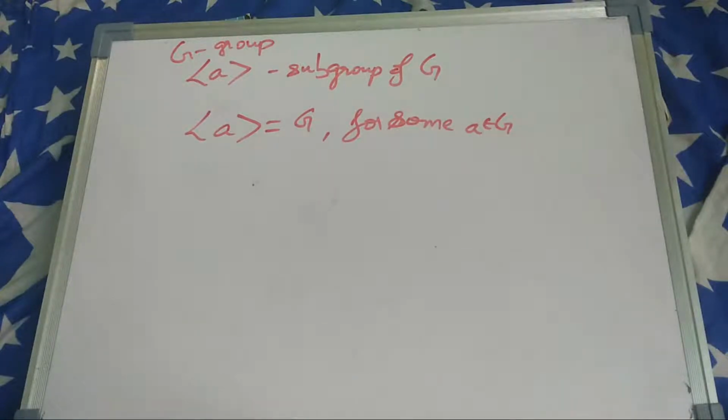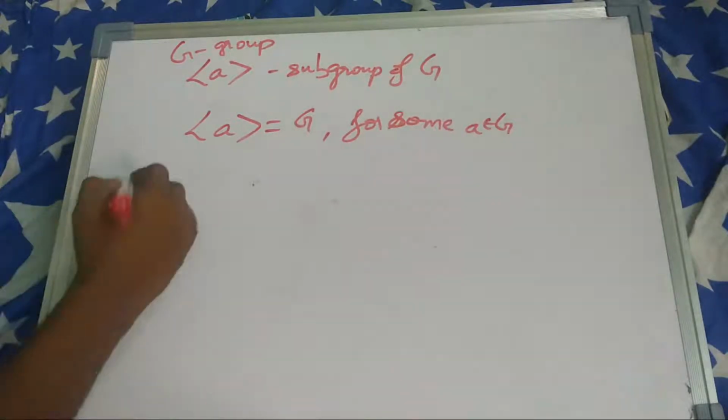Okay, fine, I will write only on the top. Thank you. Now, there is a possibility that the subgroup generated by A turns out to be the entire group G.